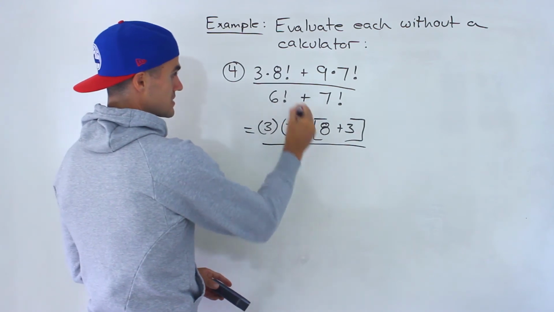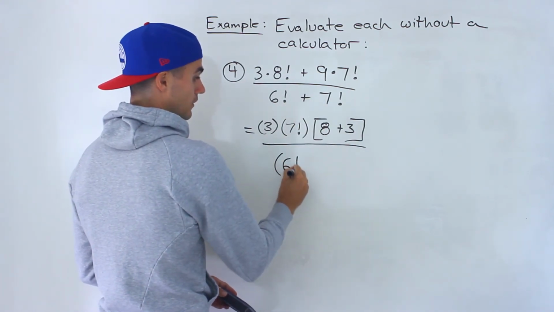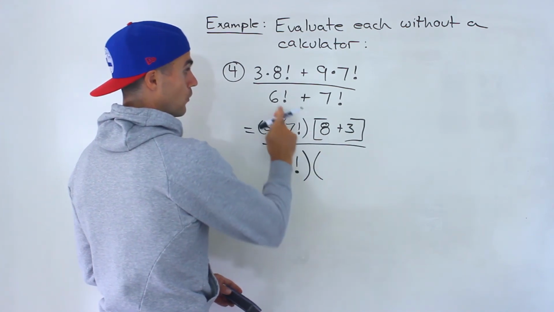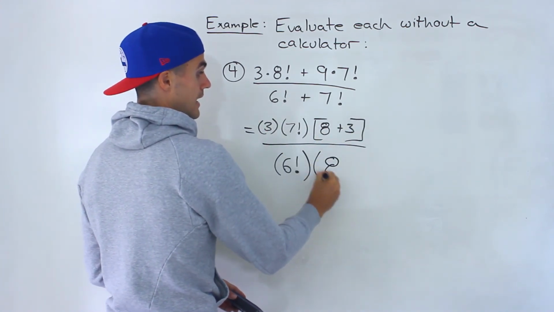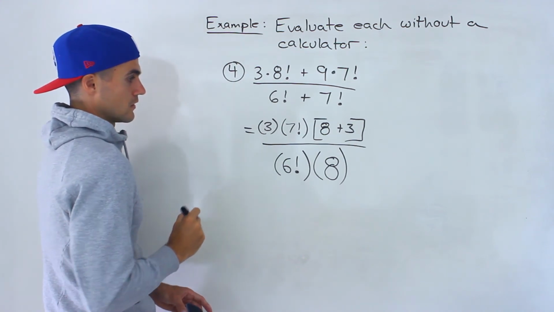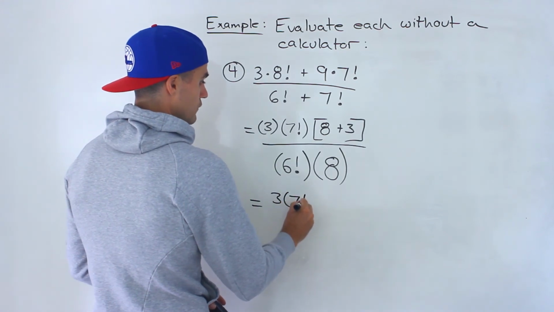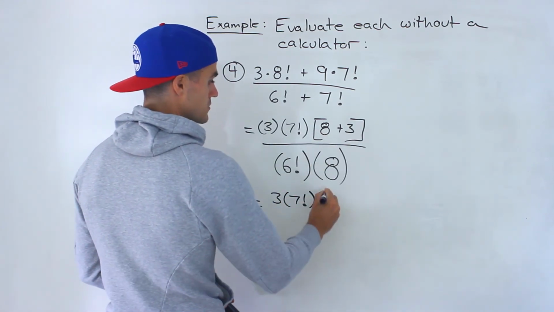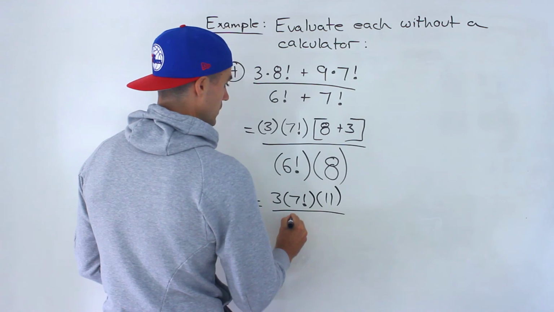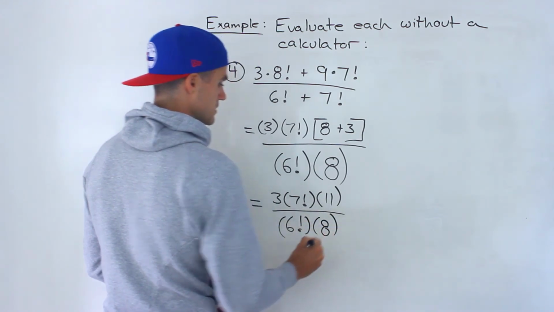And then if you remember the 6 factorial plus 7 factorial, we factored out the 6 factorial, we were left with a 1 plus 7, which was an 8 down here. And so now this is looking a lot better, so we'd have 3 times 7 factorial times 8 plus 3 is 11. And then we got 6 factorial times 8.